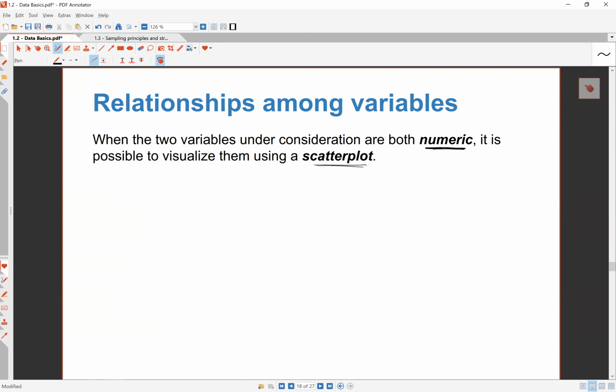So let's go back to our example where we looked at counties in Texas. And for each county, you collected two numbers. You found the average household income in the county, and then you found the percentage of homeowners in the county.